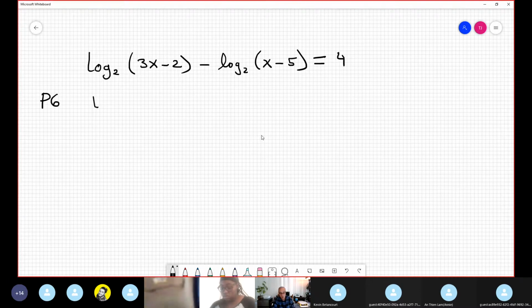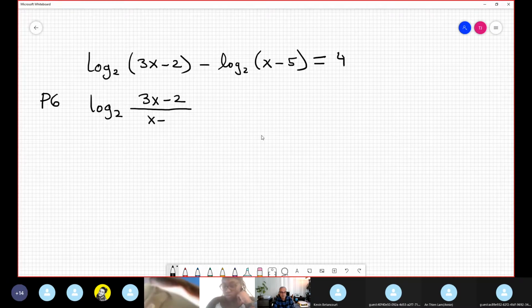Property number 6 also condenses the logarithms into only one, but now it's a division. We put the positive one on the top, and the negative one on the bottom. And don't forget the parentheses enclosing everything that belongs to the logarithm argument, equal to 4. This is my new equation.